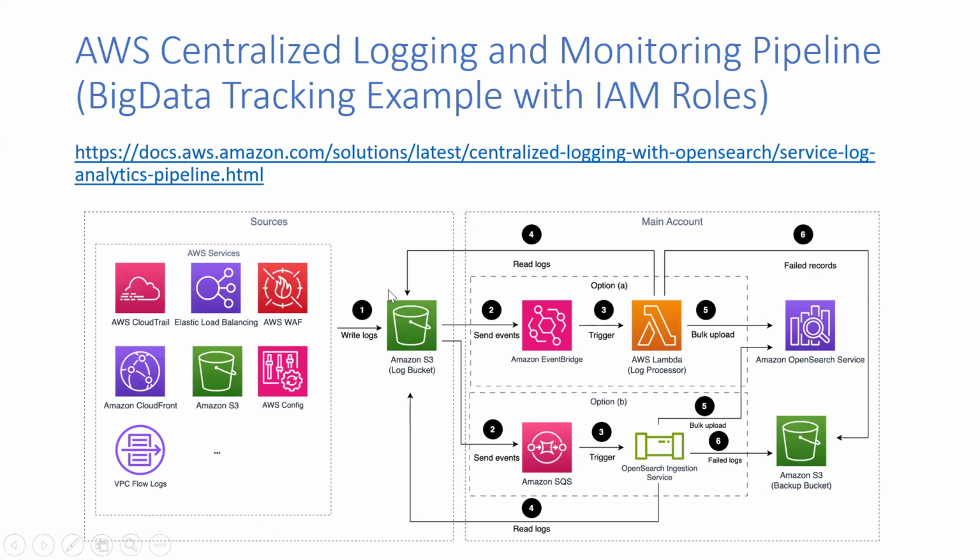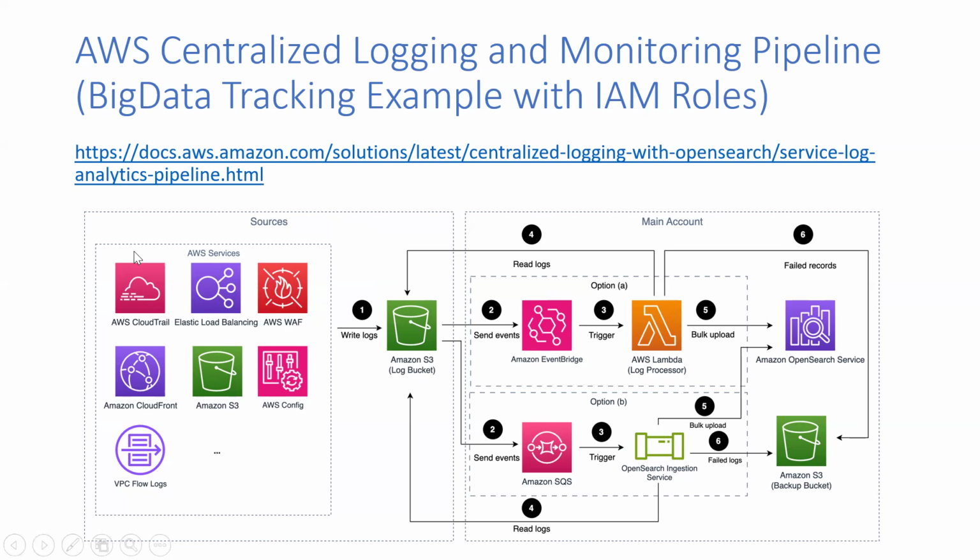Now, this is an example. This diagram has been taken from a link on AWS. This gives an example of AWS centralized logging. It deals with the big data tracking problem that was encountered by Equifax.